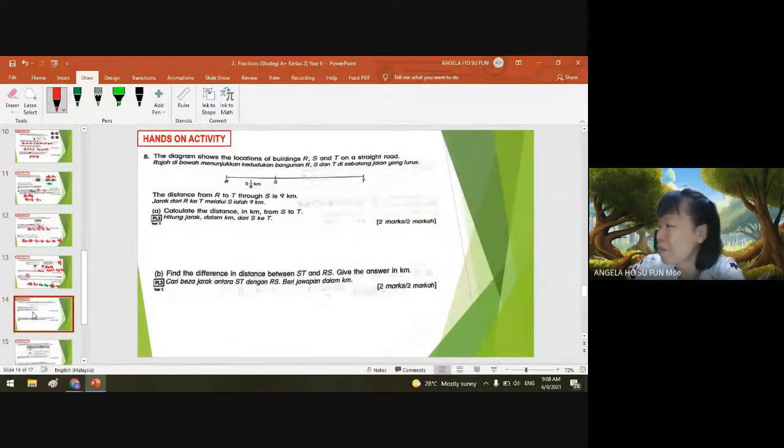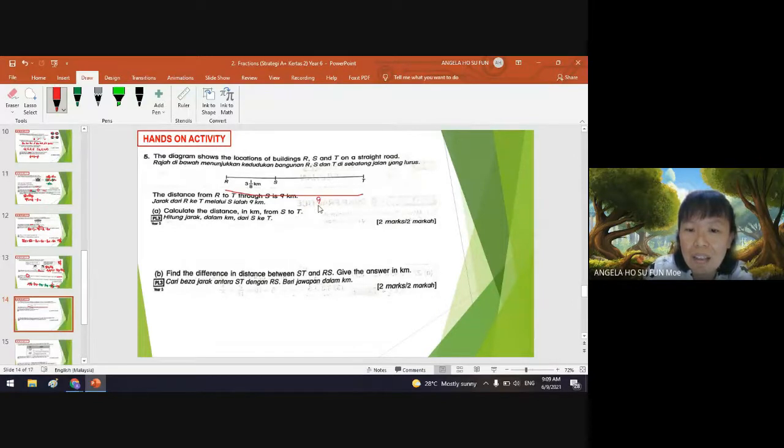Okay, next. Look at this question, number 5. The diagram here shows the locations of buildings R, S, and T on a straight road. The distance from R to T through S is 9 kilometers, which means from R until T is 9 kilometers.